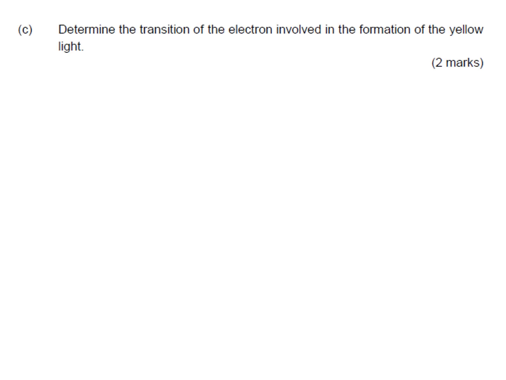Question 4C, determine the transition. Transition is the movement of electron, the excitation of electron from higher energy level to its ground state. Do remember, from higher to lower.